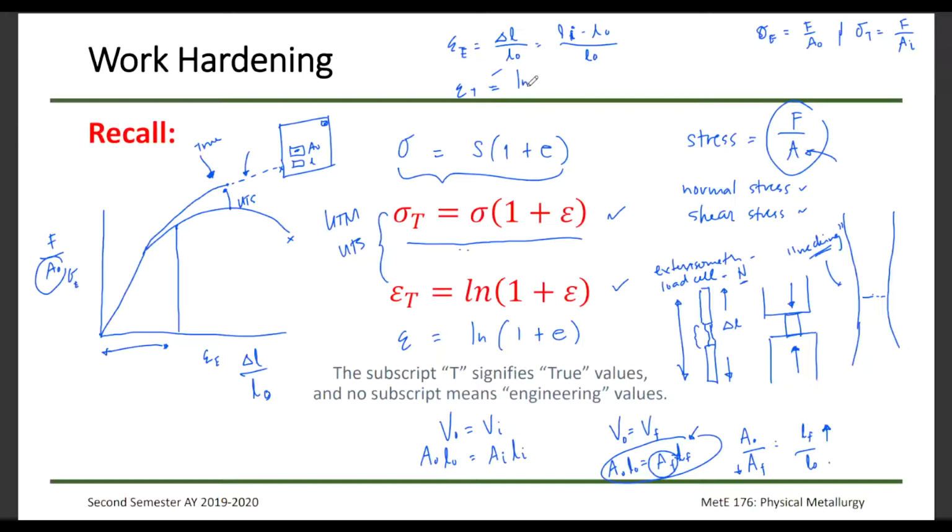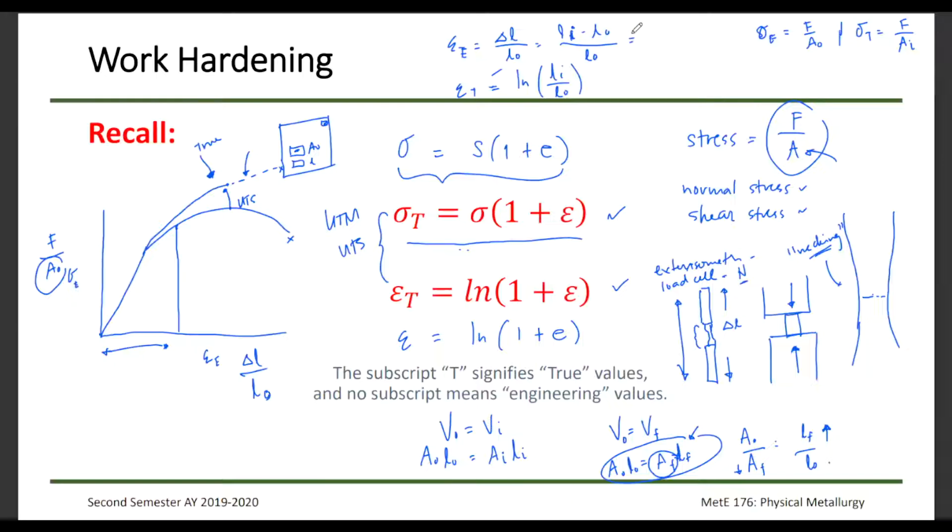So the way we express that is through this equation: epsilon T is equal to ln of Li over L naught.